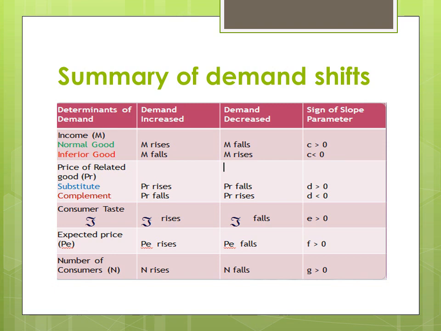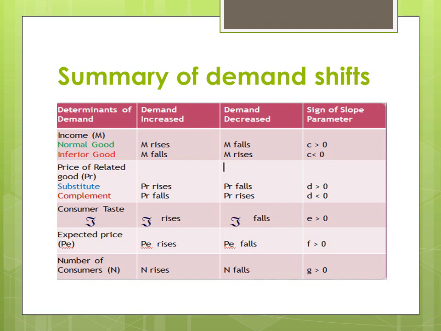When income rises for inferior goods, demand will decrease, and when income falls, demand for inferior goods will rise. So here the relation of income with inferior goods is negative, and C is less than or equal to 0.